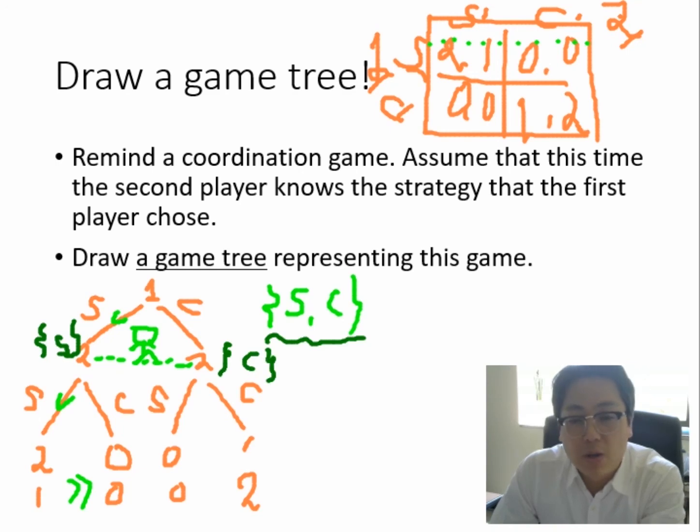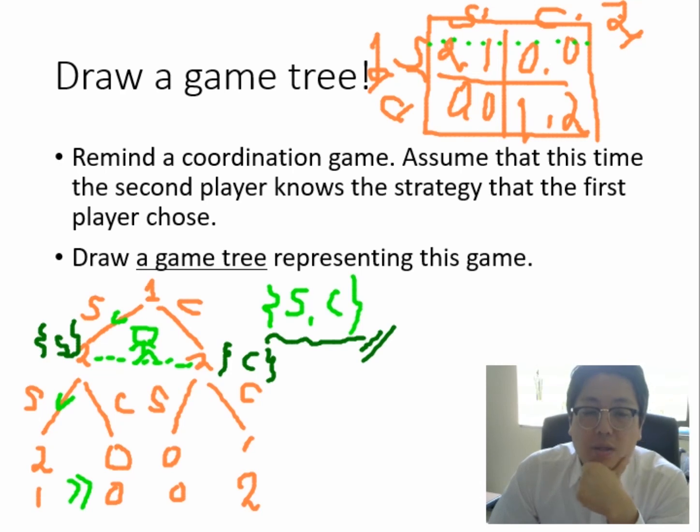But by connecting those two nodes, no matter which node is reached, the information the second player has is S, C. That's it. So when the second player can choose between S and C, the second player doesn't know what kind of action was played before.